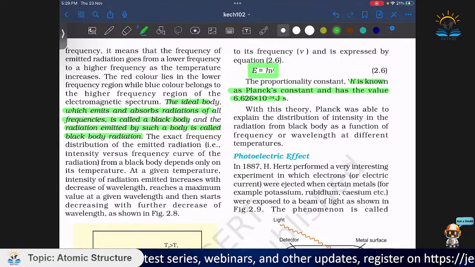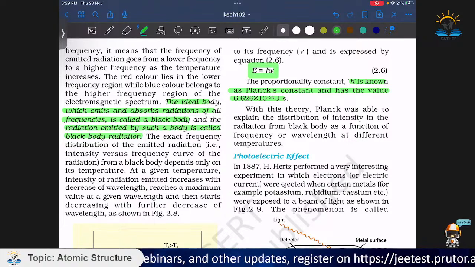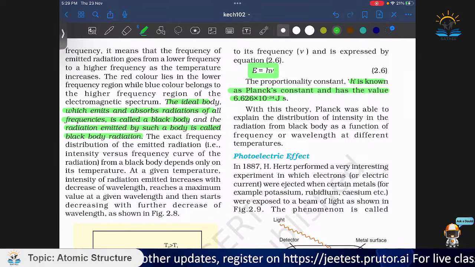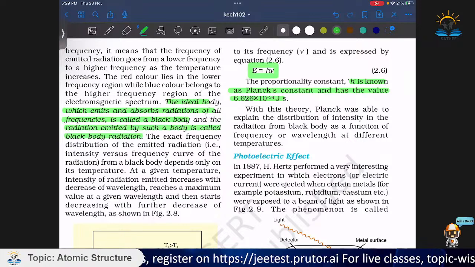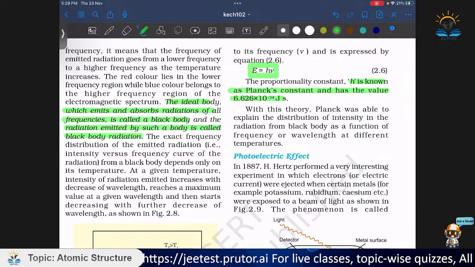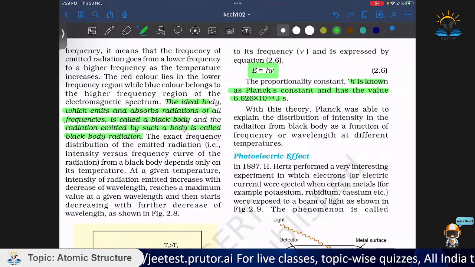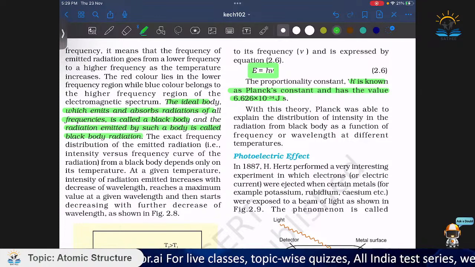So Planck said that energy is being emitted or absorbed in the form of discrete packets called quanta. This is called quantization of energy. You cannot continuously emit or continuously absorb energy. Energy has to be supplied in the form of these small quanta or small packets, and energy is therefore quantized.